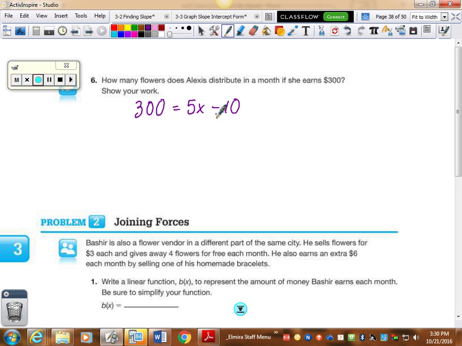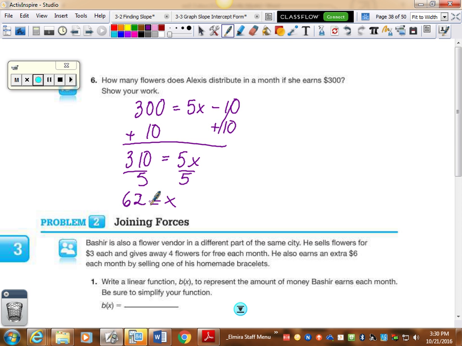Okay? And then it's a two-step equation. Add 10 to both sides, and you get 5x equals 310. Divide both sides by 5, and x equals 62. So if she wants to earn $300, she distributes 62 flowers.